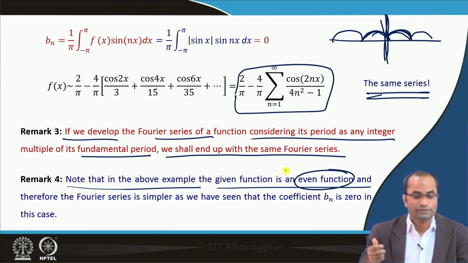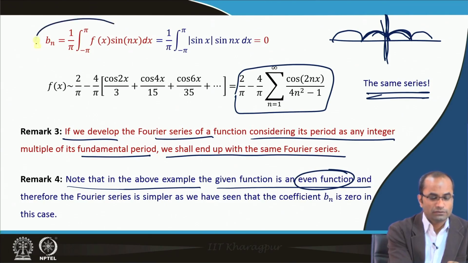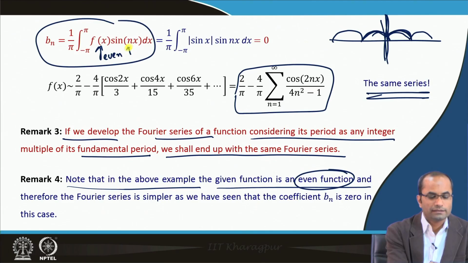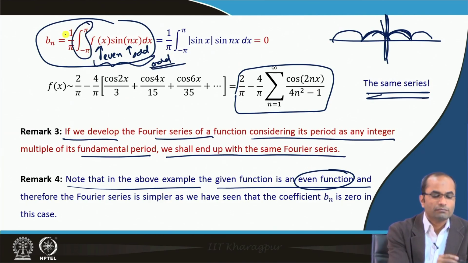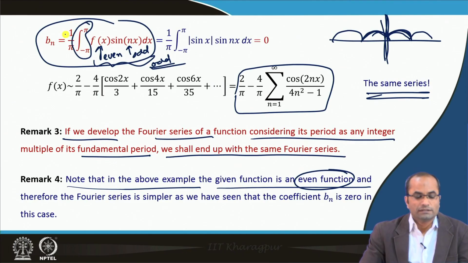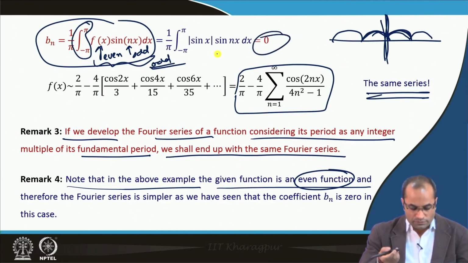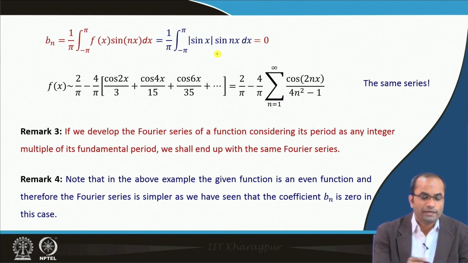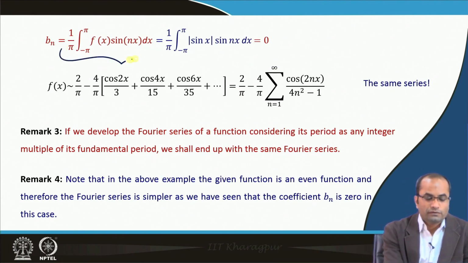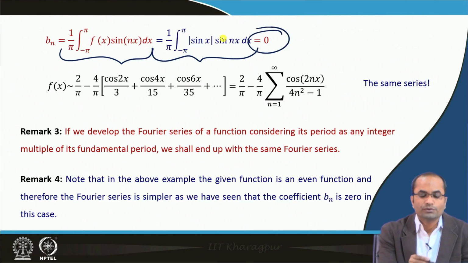So, the b_n coefficients, when we computed here this b_n coefficient, if this f(x) is even and this is odd, then the product of these two, even and odd, is odd. If the integrand is odd and we are integrating from minus π to π, then this integral will be 0. So, that is another way of describing this, and not to compute this 0.